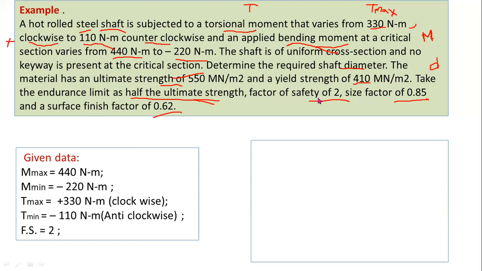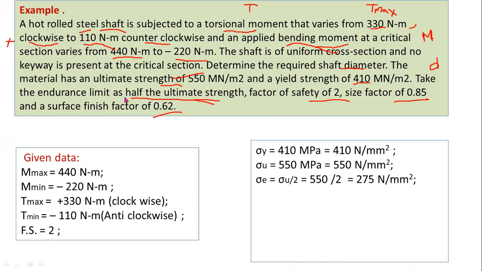Factor of safety Fs equal to 2, sigma y, yield strength equal to 410 megapascal, and sigma u, ultimate stress equal to 550 megapascal. Endurance limit sigma e equal to half of the ultimate stress. So 550 by 2 equal to 275 Newton per mm square is the endurance limit.